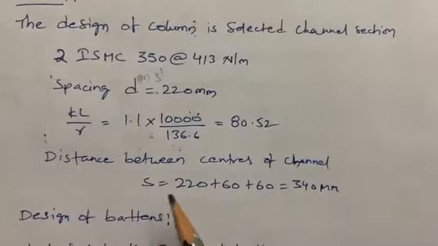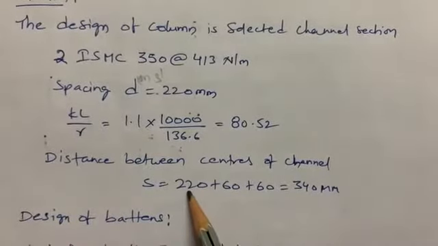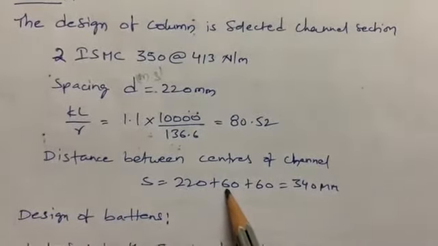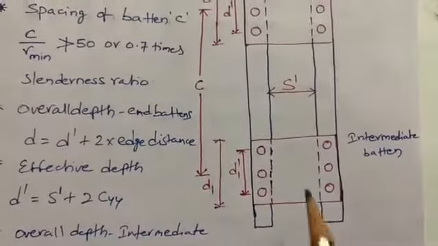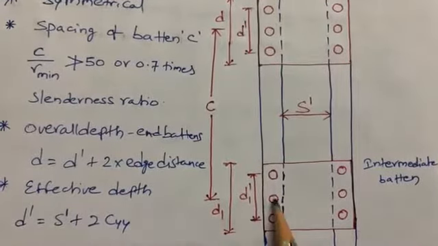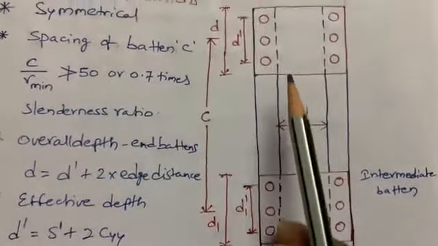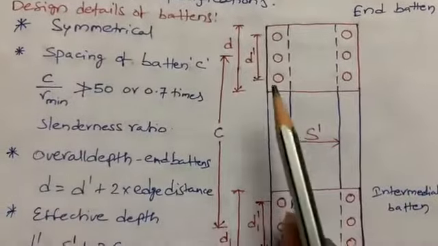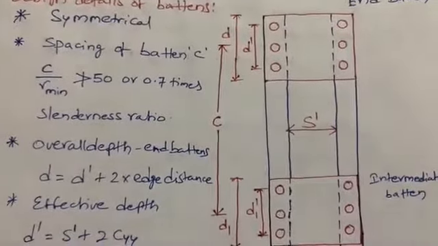S is nothing but spacing 220 plus 60 as the gauge distance. I'll show you in the diagram. Here this is the intermediate batten and this is the end batten. For this we need to find out the spacing.